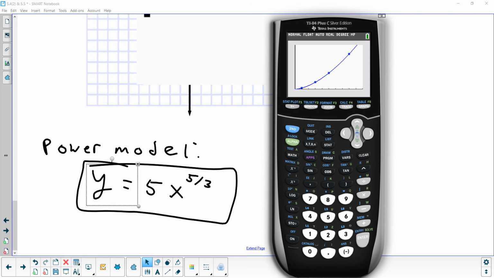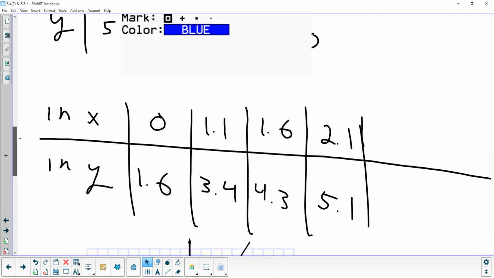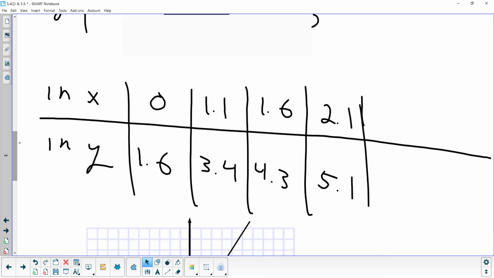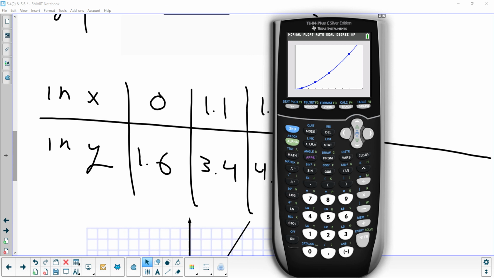Or I could have you what's called extrapolate from there and say, what if x was 6? What would you expect y to be? Now, the further you try to predict from your actual data, the less reliable it is. Okay, because we don't know if that trend is going to continue. We know that it works for these 4 points. That's all we know.